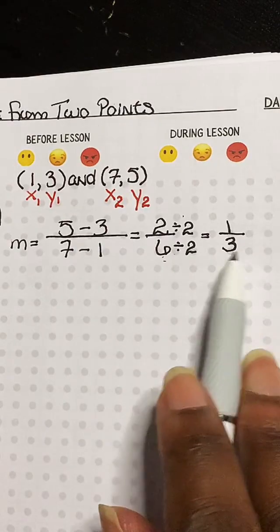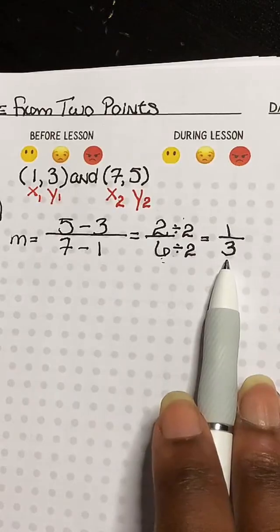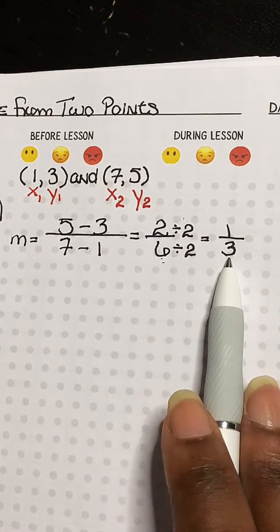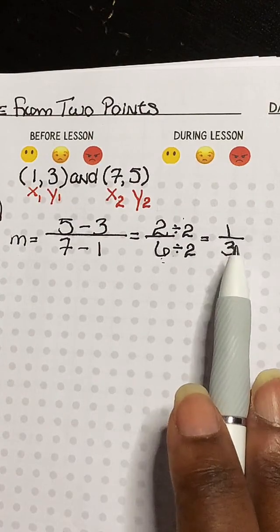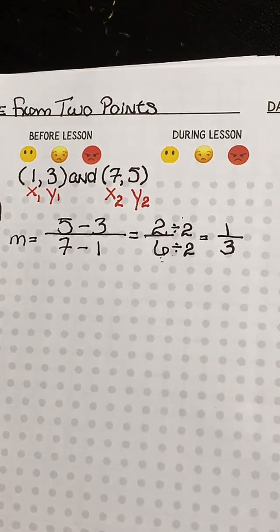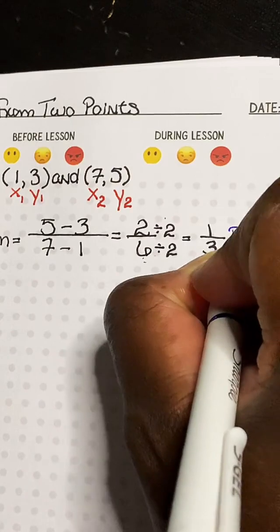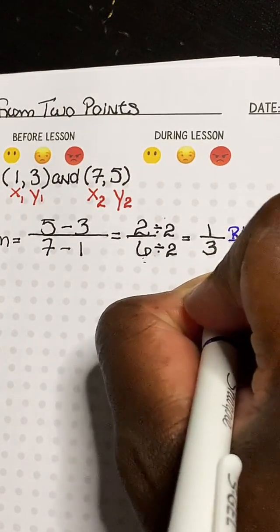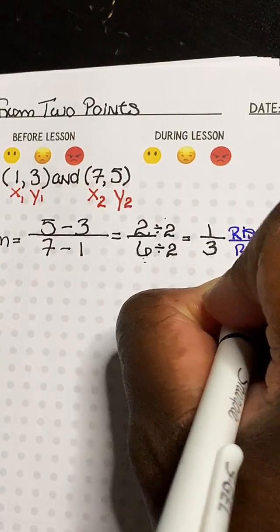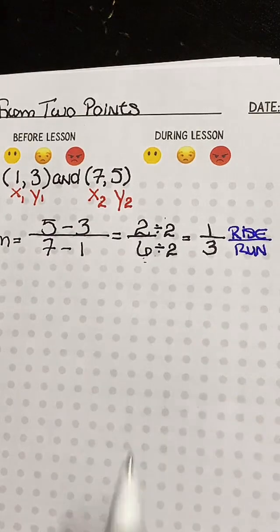So this is saying that those 2 points give me a gradient, or a slope, or a rate of change of 1/3. Okay, so that's going to be my slope. Now, another way, as we're going to progress into graphing, is that means my rise over my run. So that means I'm going to rise up 1 and I'm going to run 3.